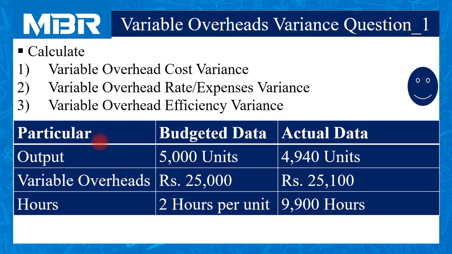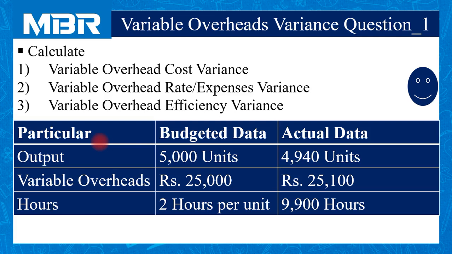Budgeted hours are given per unit, 2 hours per unit, while actual hours are given in total, 9,900 hours. Using this data, we need to calculate all three variances.